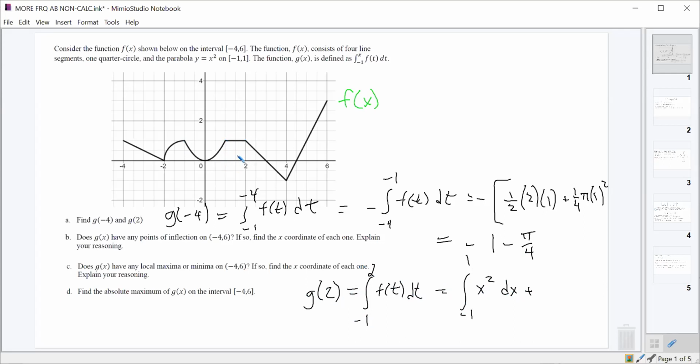So 1 unit by 1 unit is 1. That's our integral from 1 to 2 of f of t. And so we integrate x squared to get x cubed over 3 from -1 to 1 plus 1, which is 1/3 minus -1/3 plus 1, which is 5/3.